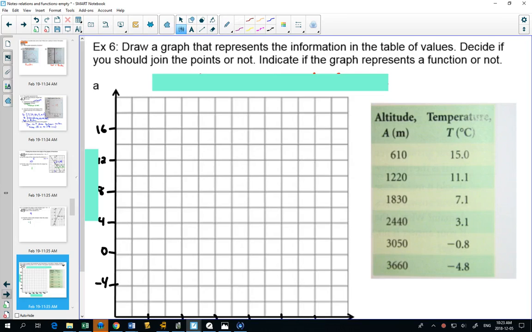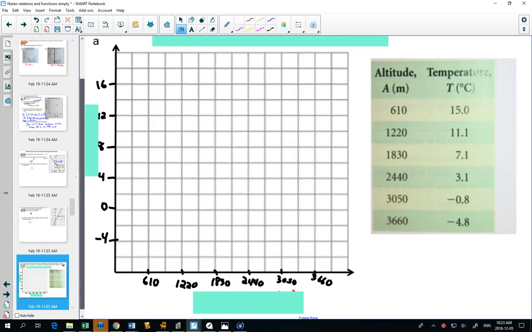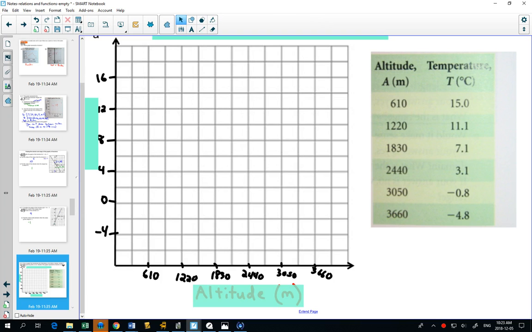Question 6, draw a graph that represents the information. Okay, we would put altitude down here and temperature here because whatever is in the first column is always our independent and what's second is our dependent.